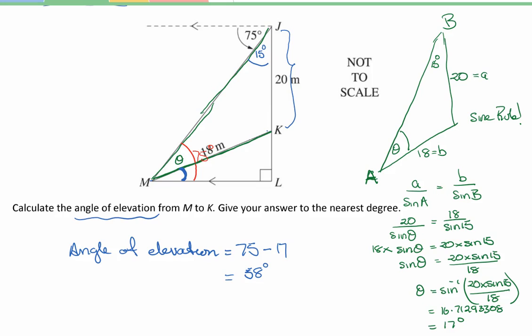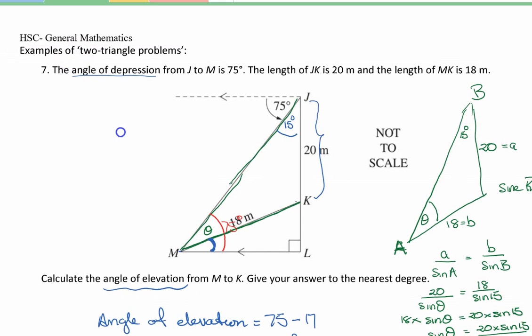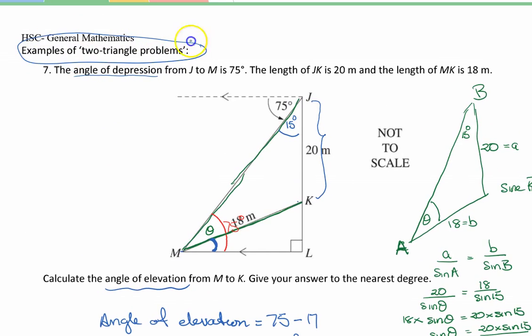So that's a little bit difficult and not beyond what you could be expected to do. And it did say back here that it was an example of a two triangle problem. So just be aware of that.